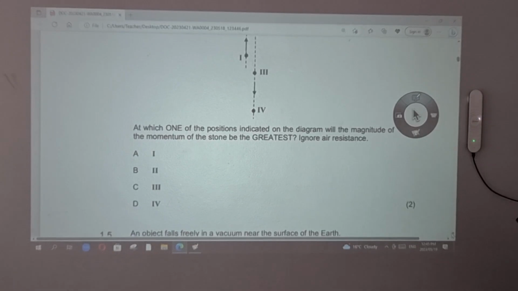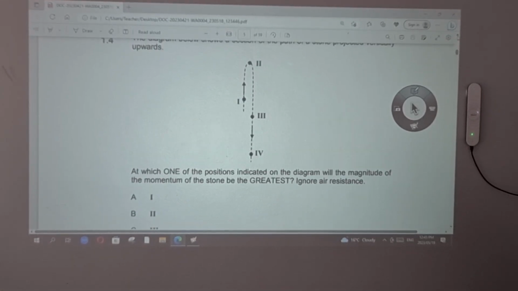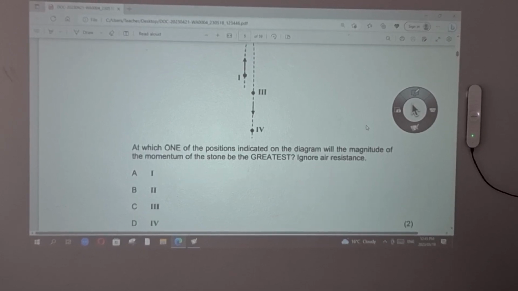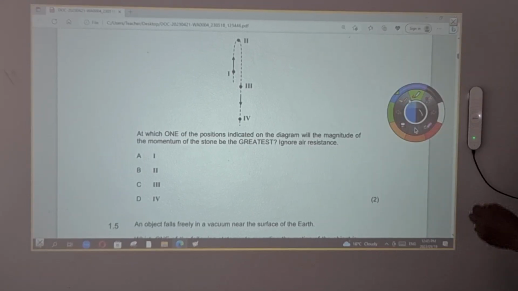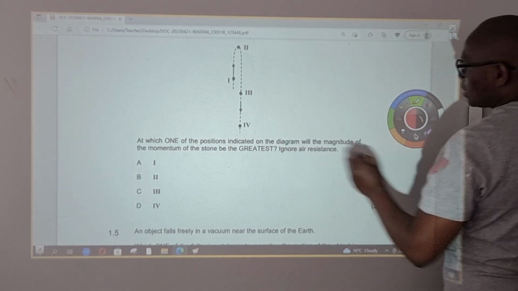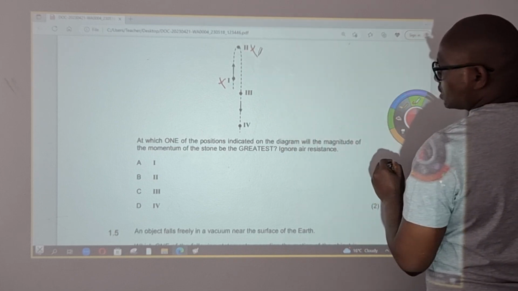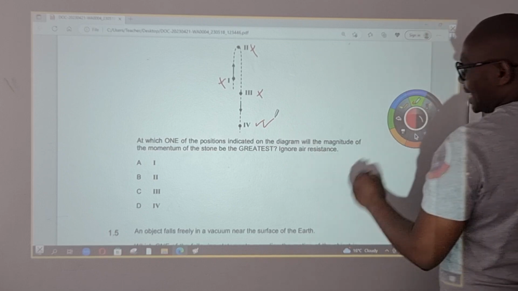If we move slightly lower, yes, that's correct. Now, it cannot be option A, because here it starts, it decreases, here the velocity is 0, and it's still increasing. But this one is the correct one because it's at the maximum.